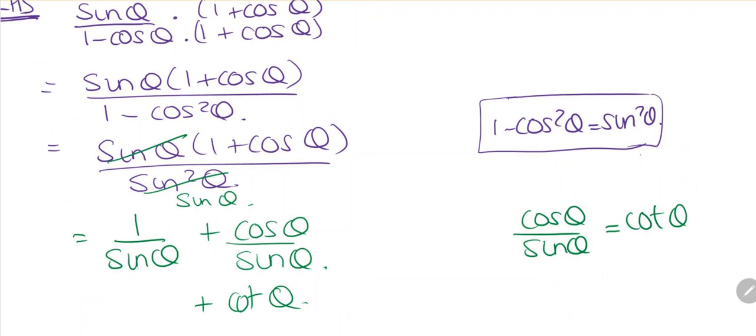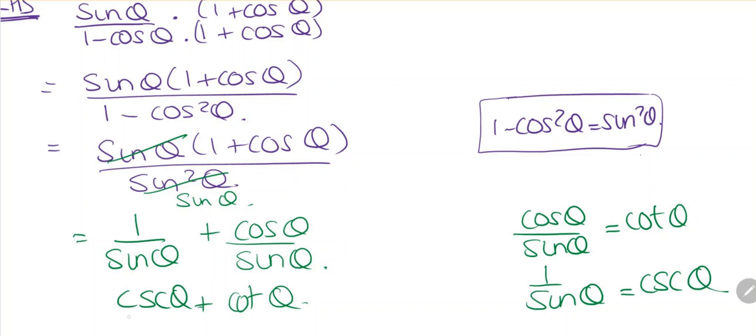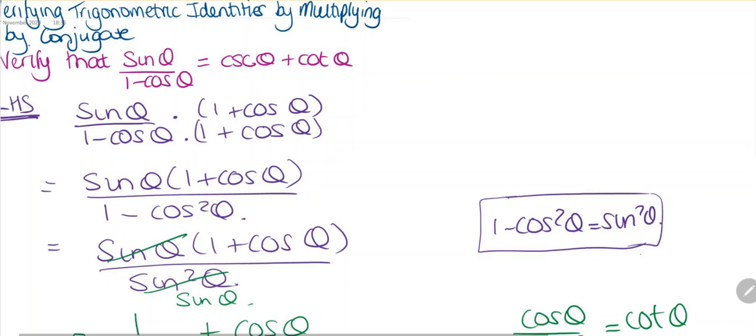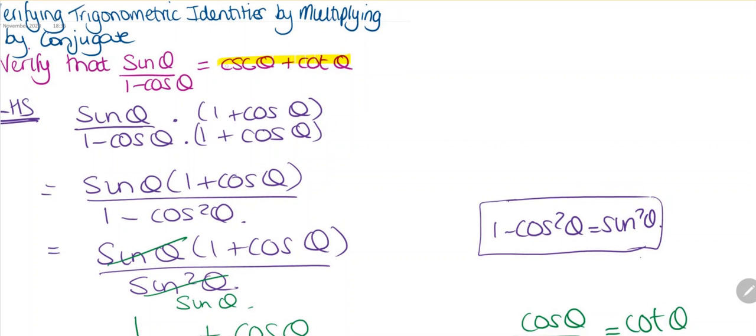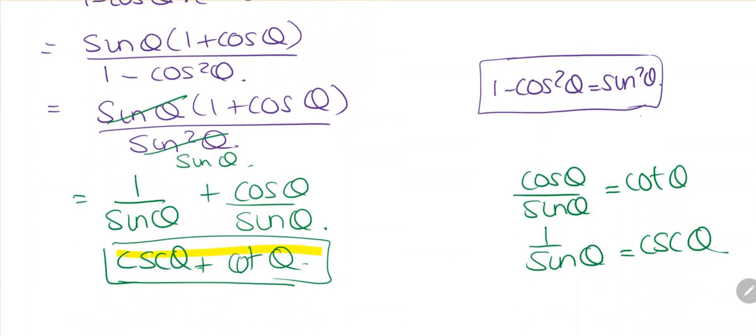And we know that 1 over sine theta is equal to cosecant of theta, so we can change that. So if we look at our final answer, cosecant theta plus cotangent of theta, we have proved that the left-hand side is equal to the right-hand side.